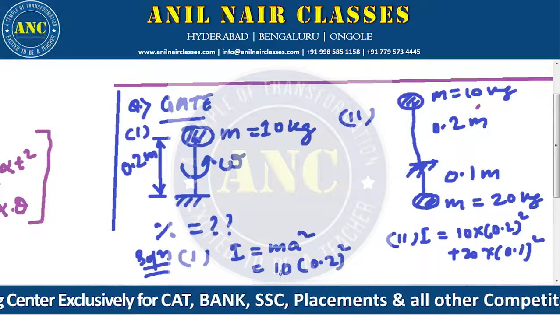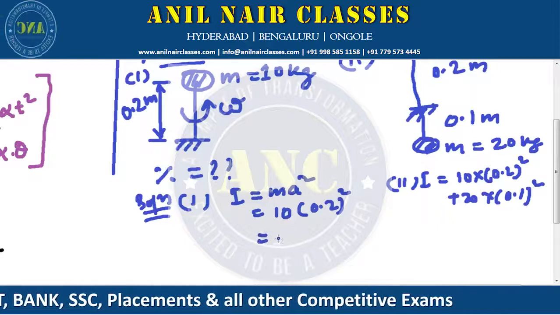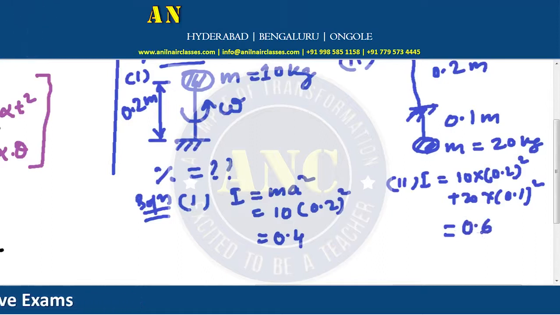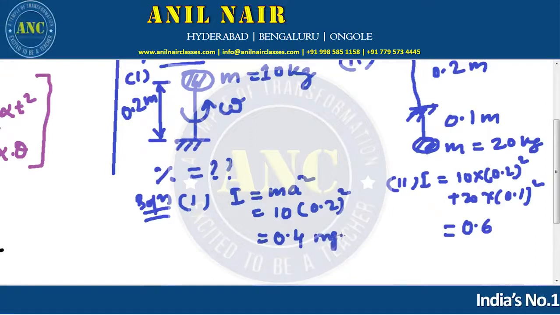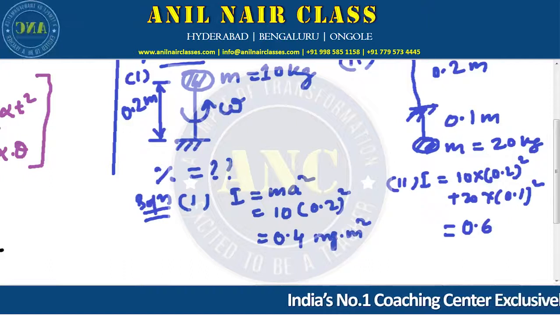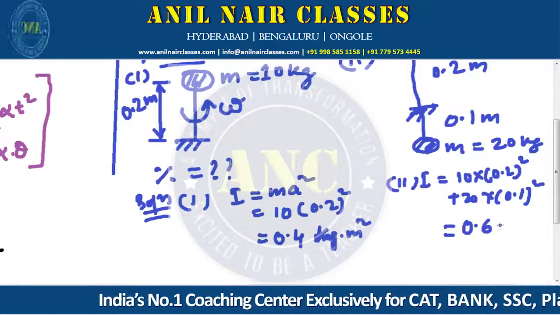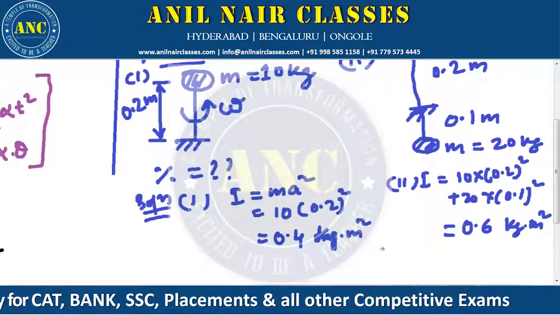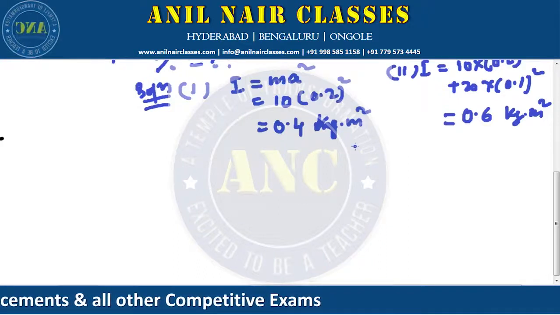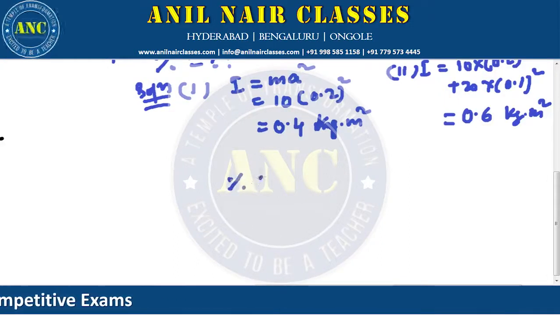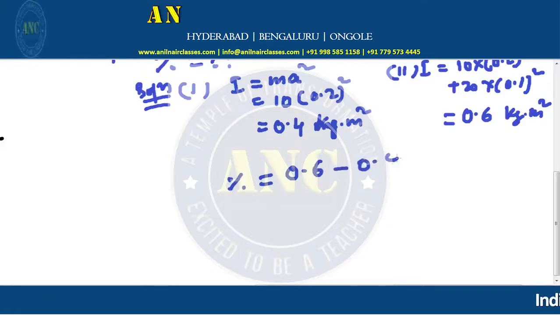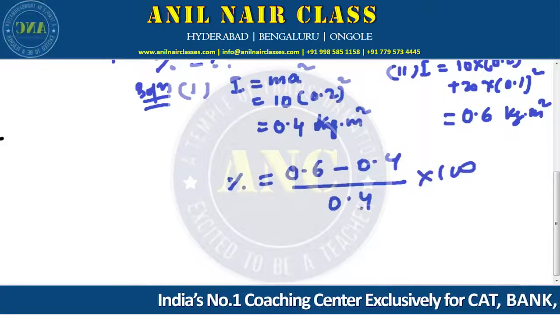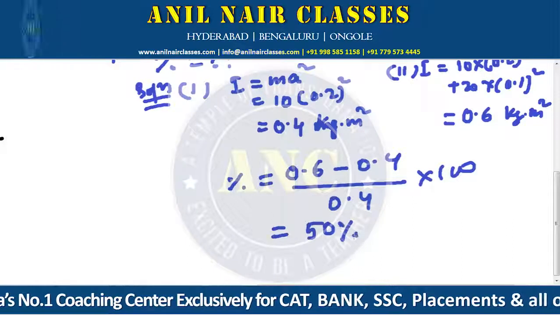So in the first case we get the value of I as 0.4, whereas in the second case we get 0.6, in kg meter square. Now this is the change. The question is asking the percentage change. So the increase in percentage will be 0.6 minus 0.4, the base is 0.4, into 100. So this will be 50%.